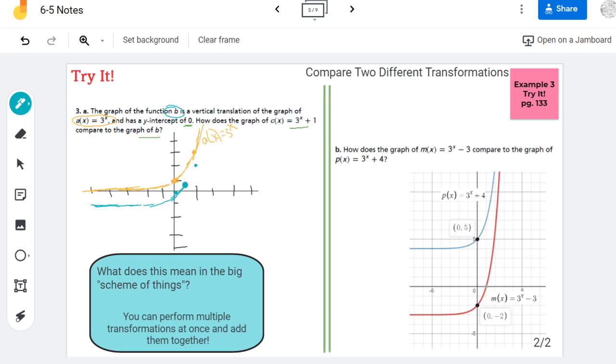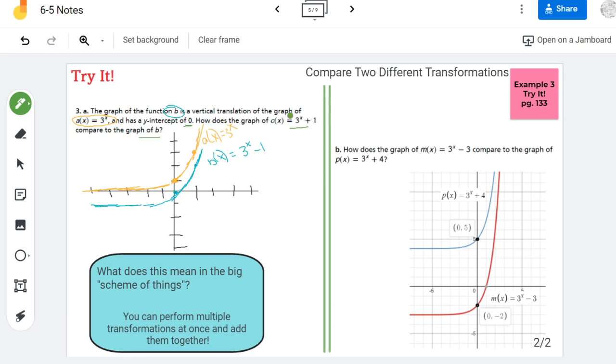So this is b of x. So if I were to write the equation for this where it's been translated down by 1, I would write that as 3 to the x minus 1, and make sure that minus 1 is not in the exponent but on the same level as the base of the exponent.